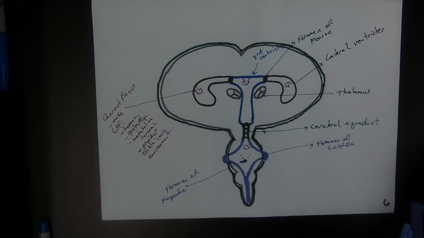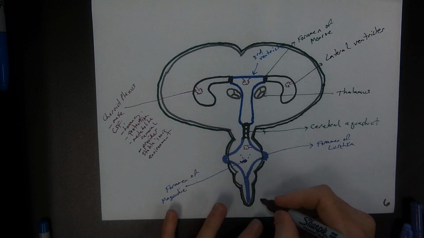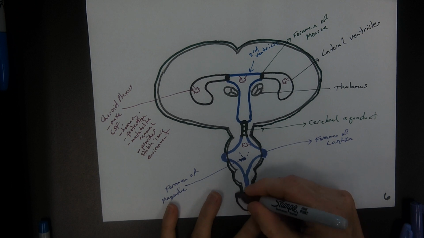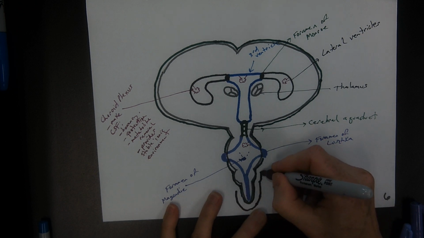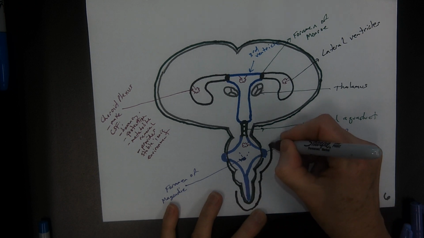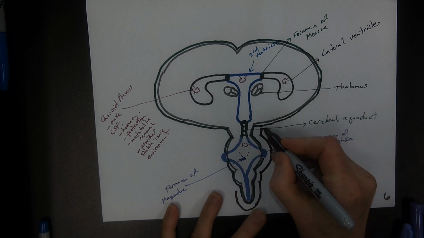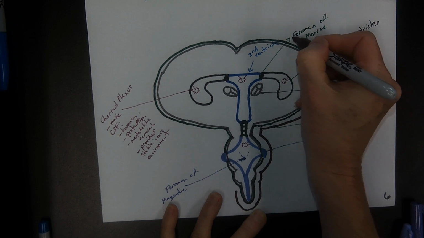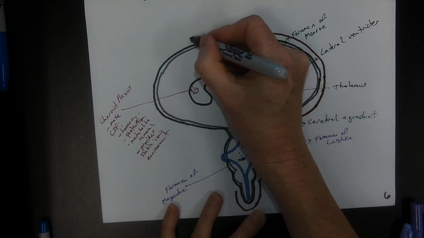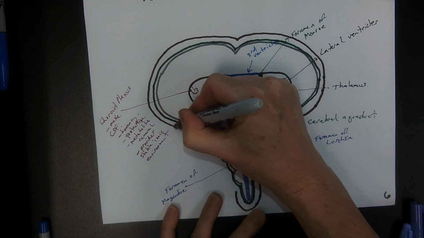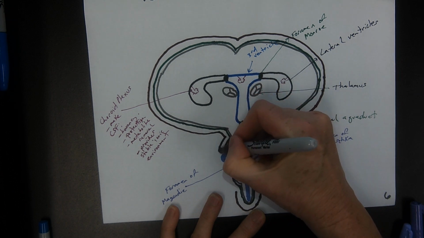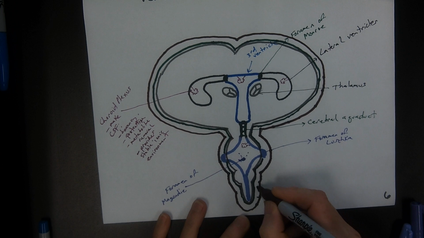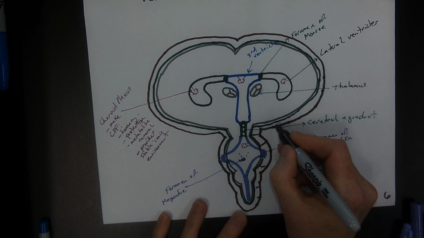Over top of your pia mater, you're going to have your arachnoid mater with your trabeculae that help maintain that space between the arachnoid mater and the pia mater. Okay, so the trabeculae are there to help maintain that space.